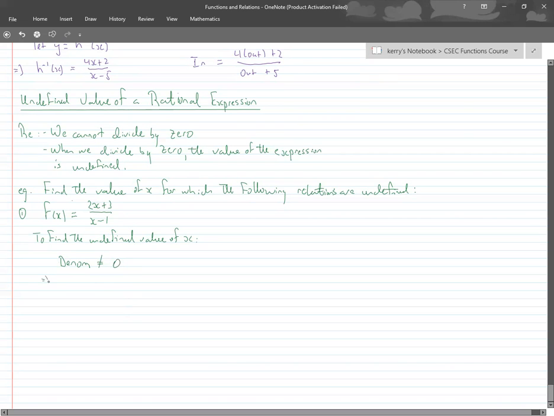So what is the denominator? In this case it is x minus 1, and this cannot be equal to 0. If we make x the subject, this tells us that x cannot be equal to 1.